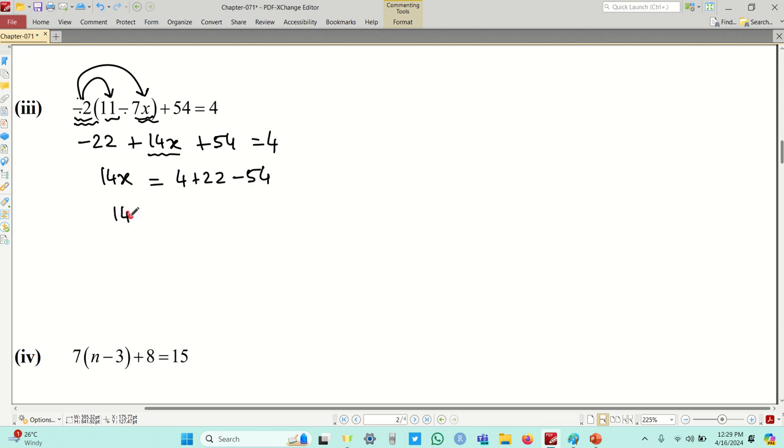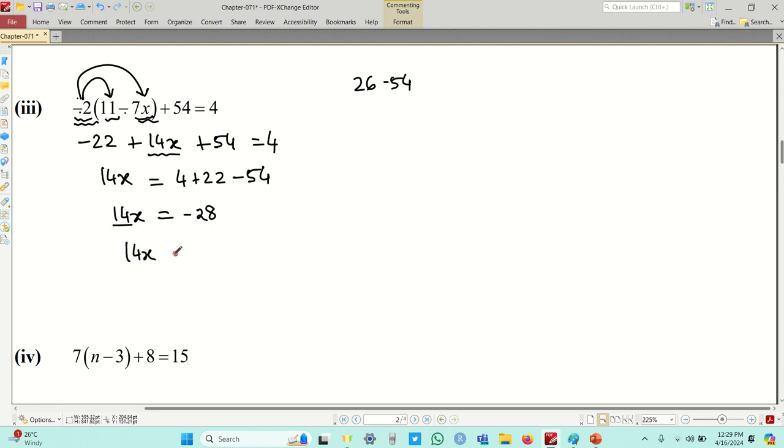Now 14x is equal to. Now you need to simplify. How much? 4 plus 22 is 26. 26 minus 54. So how much is the answer? The answer is minus 28. Now what is the number here? 14.